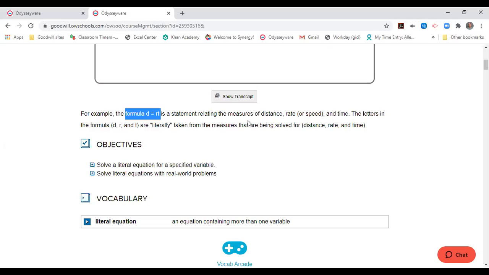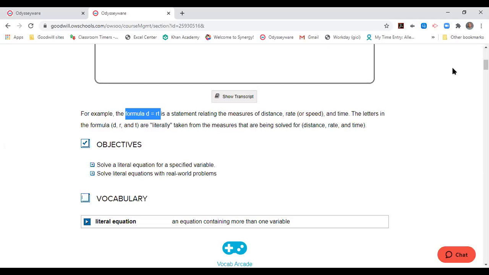We can solve this equation for any of those variables. We can manipulate it so that we can move these around. And for these literal equations, these are typically formulas. If we know 2 out of the 3 variables, we can solve it. But most of the time, you're just going to be manipulating the order.